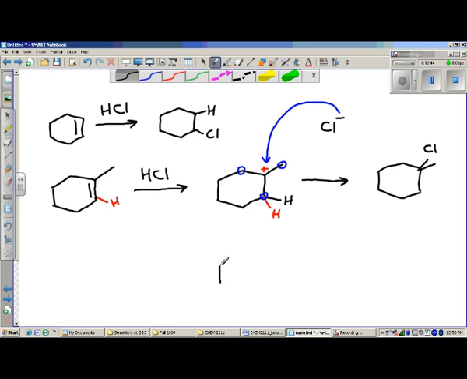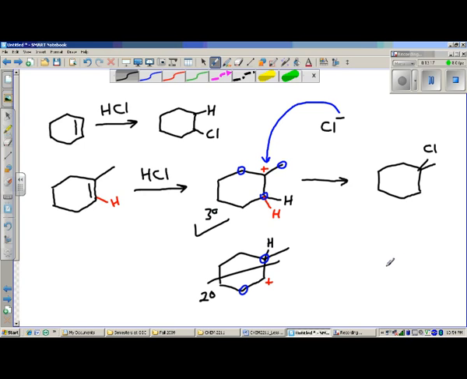Let's just draw out the carbocation that we would have formed potentially if the hydrogen had added to the other carbon. If the hydrogen had gone here, our positive charge would have been here. And if you think about that, this is our carbocation, therefore we have 1 carbon next to it, another carbon next to it. This carbocation is tertiary, this carbocation is secondary. This is the one that will form, this one won't.